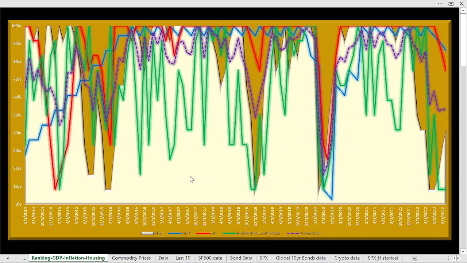And I use that type of math because I think it's helpful to put everything in perspective to say, okay, well, the residential housing numbers are near the lowest lows we've seen over the past 12 months. Inflation, we're at about number 6 right now, 60% to 70% over the past 12 months. And GDP, although it has declined, relatively speaking, we're still much higher than we've been for several years now.